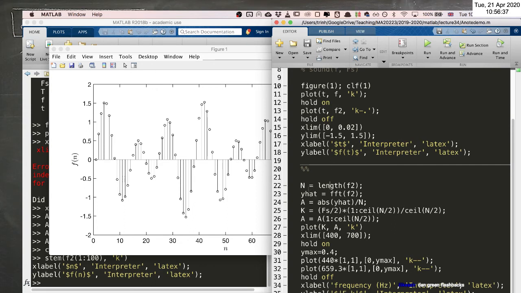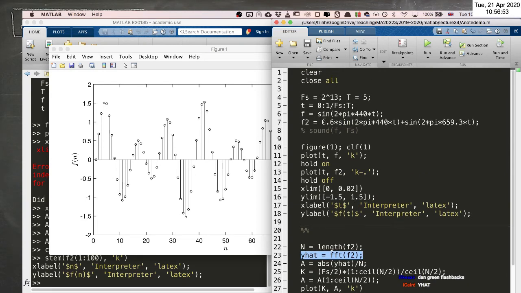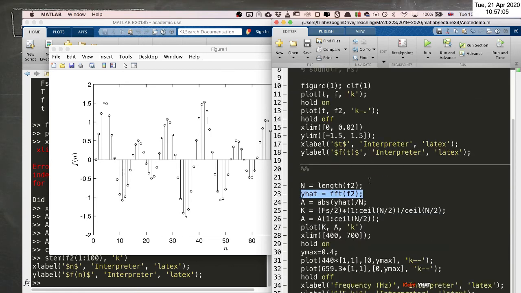What this next section of code does from lines 22 onwards is mainly it constructs this y hat vector, which is the FFT of F2. F2 is the secondary signal that we created, the one that was 0.6 times the 440 hertz signal plus 1 times the 659.3 hertz signal.